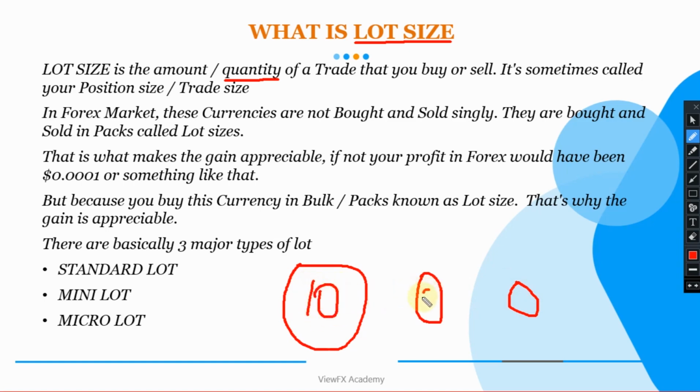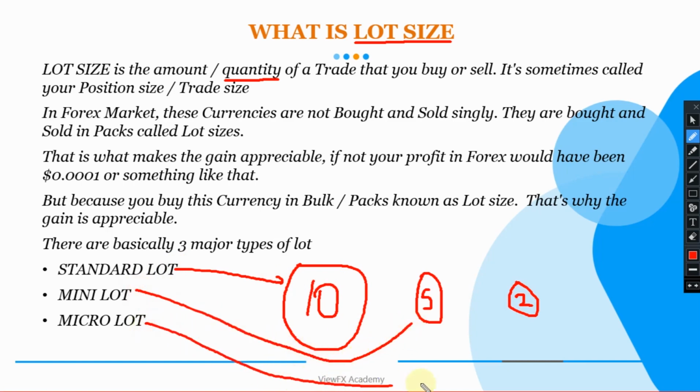Inside here, I can have 5. Inside here, I can have 2. So this big one is represented as the standard, this is the mini, and the micro is this. This is the concept of lot size.